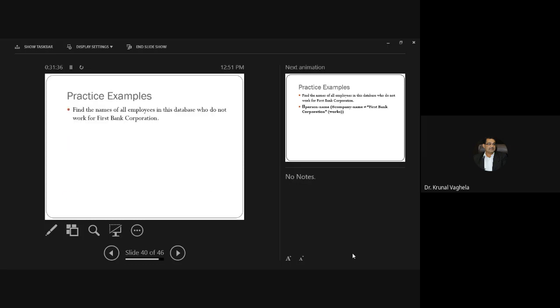Next. Find names of all employees in this database who do not work for First Bank Corporation. We have already seen works for First Bank Corporation. Now do not work. How many tables? Only one. Company name is not equal to First Bank Corporation.